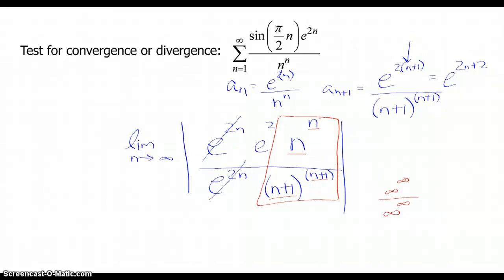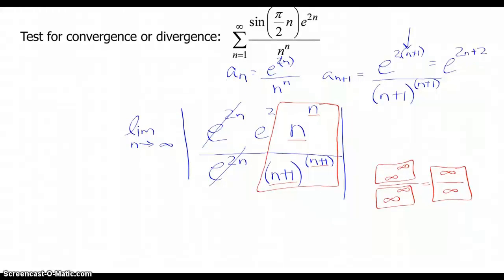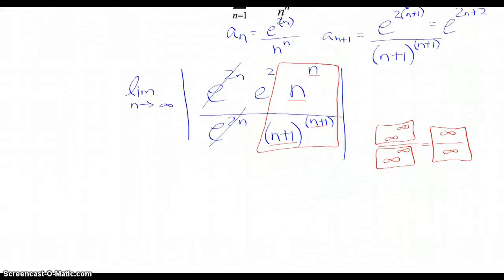Well, infinity raised to the infinity power is just infinity. That's not indeterminate. But together in a ratio, those two things are in indeterminate form. We are inside of a limit, and we know how to deal with an indeterminate form inside of a limit.